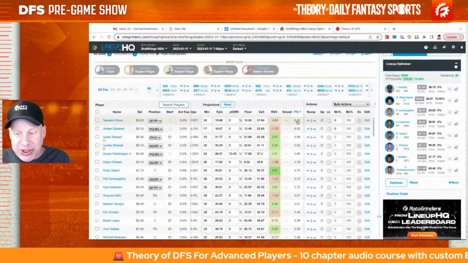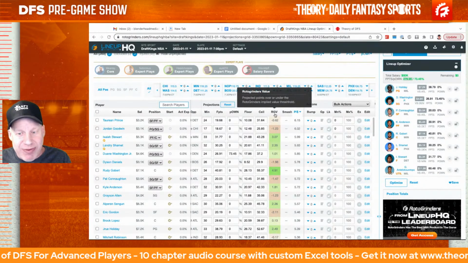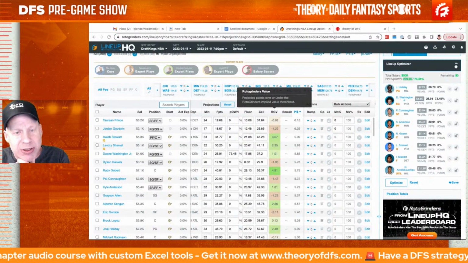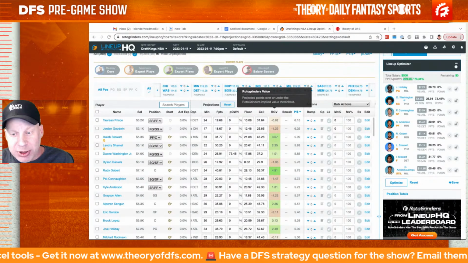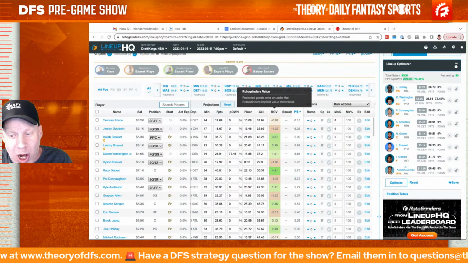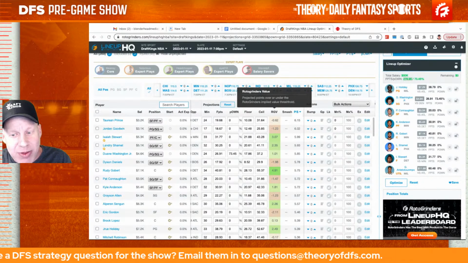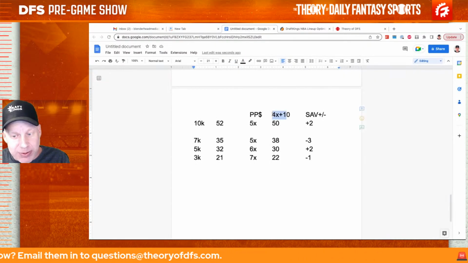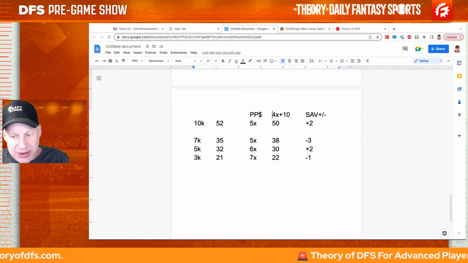That's why in Lineup HQ, I'd rather it be called SAV, if anything, and not RG value. You can even see in the description, RotoGrinders value, when you hover over it on Lineup HQ: projected points over or under the RotoGrinders implied value threshold. The implied value threshold, 4x plus 10, whatever RG is using on that slate.